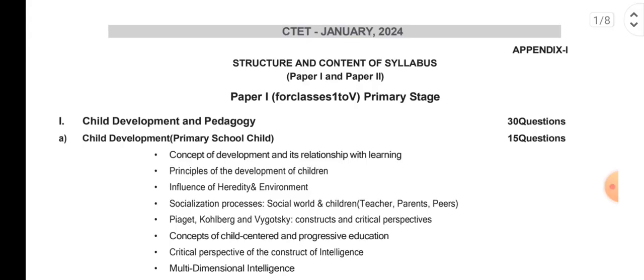And after every 3 years you get a transfer if you're working in a KVS school and all. So for 3 years you might be in Jammu Kashmir, 3 years in Rajasthan, another 3 years in Nagaland, another 3 years in Tamil Nadu, then another 3 years in Meghalaya, like that. It goes on rotating, right?